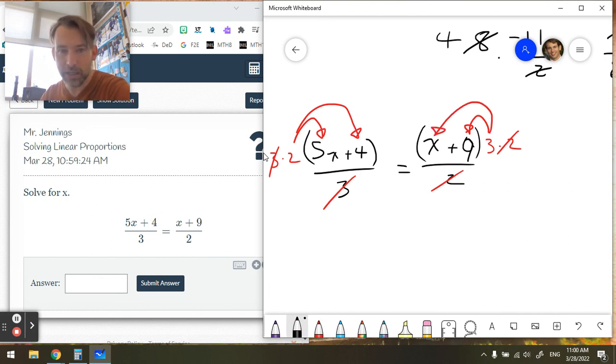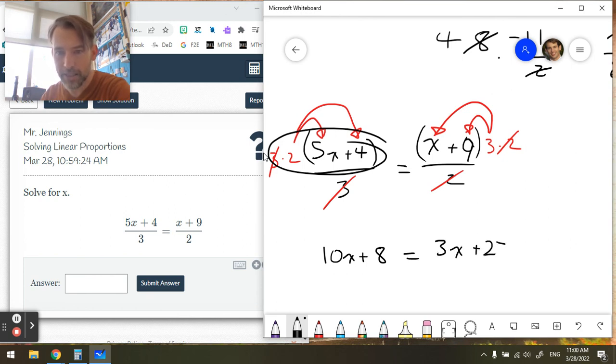And then you get 10x plus 8, that's this distributed in, is equal to 3x plus 27. That's this distributed in.